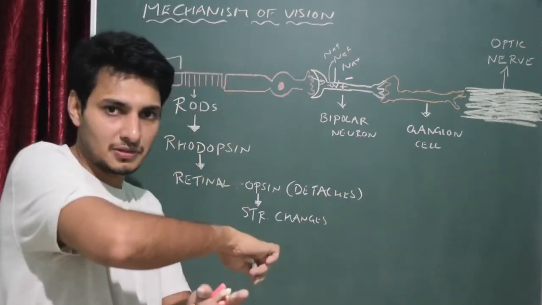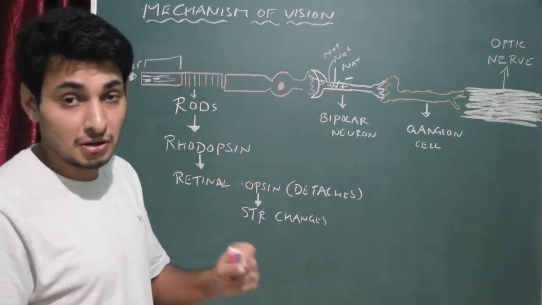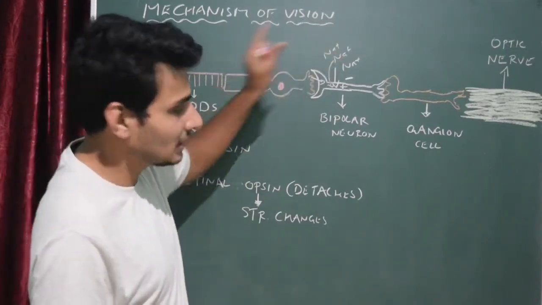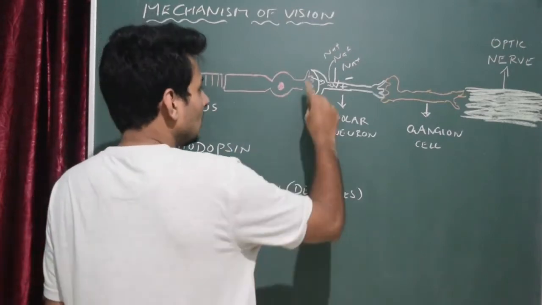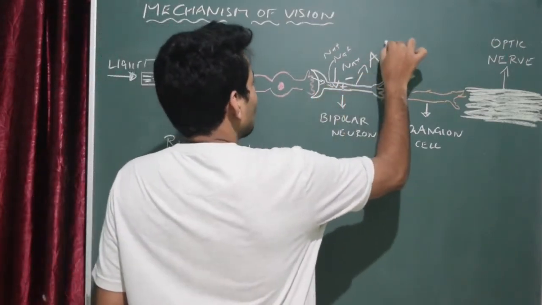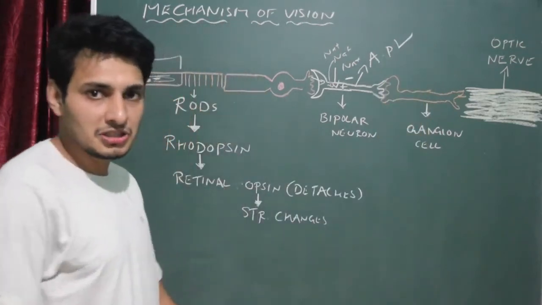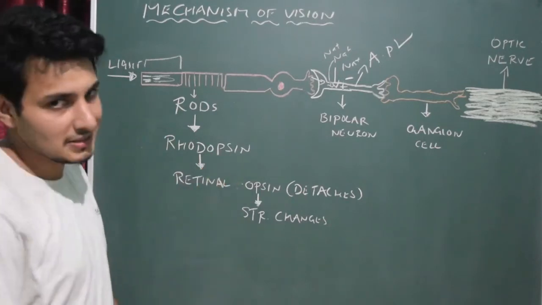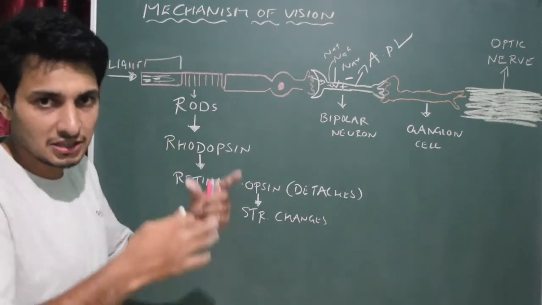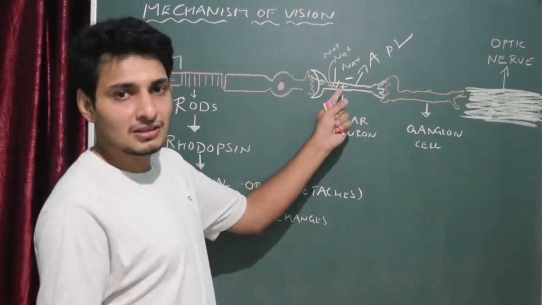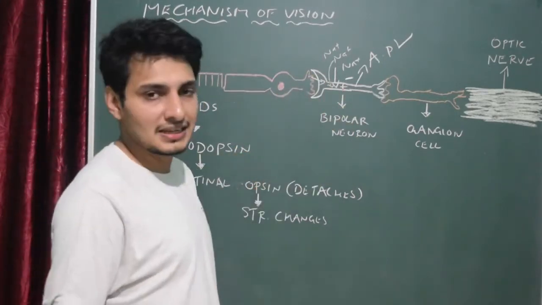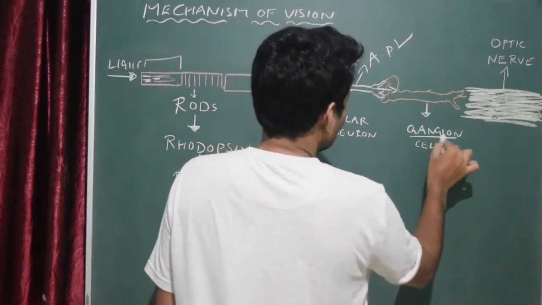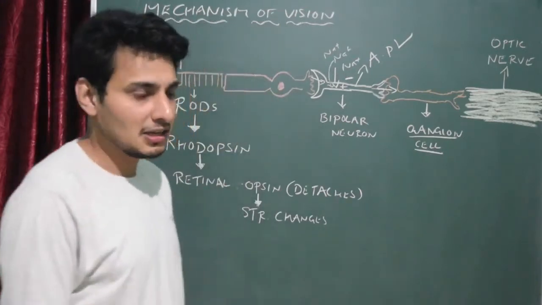It is reversed. I hope you understood the concept of the action potential or nerve impulse from my previous video session. Okay, so you can easily imagine how things are happening here, and ultimately action potential is generated. Action potential is generated because of the change in the structure of the rods, because retinal is detaching from the opsin. That's it. So the opsin structure changes, the protein structure changes, and ultimately this causes the generation of action potential in the second cell, that is the bipolar neuron, and this action potential is transmitted to the innermost layer, the inner cell of the retina called the ganglion cell.